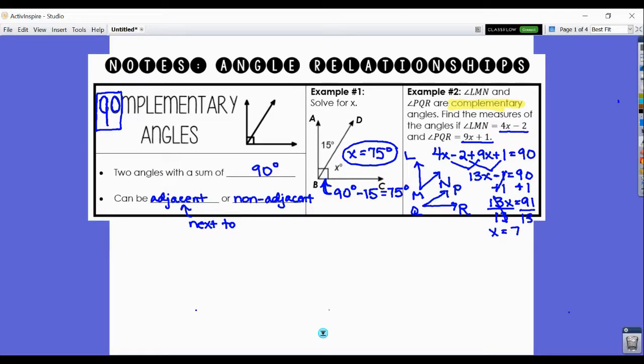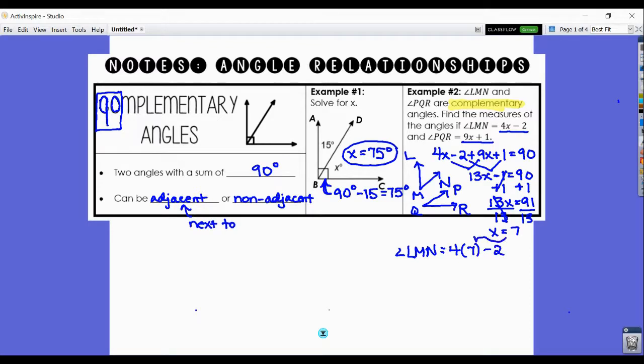Now, that does not answer my question. My final question is find the measures of those angles. So what I need to do now is plug this 7 back in. So I go to angle LMN and plug in 7 when I have x. So 4 times 7 minus 2.